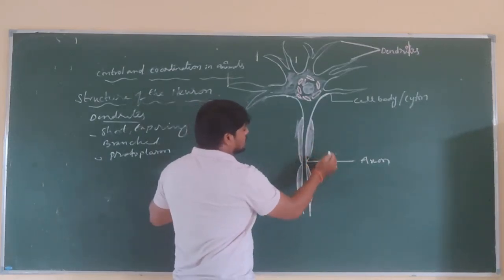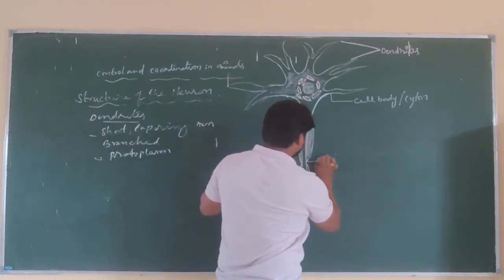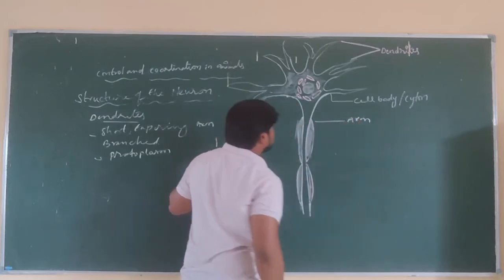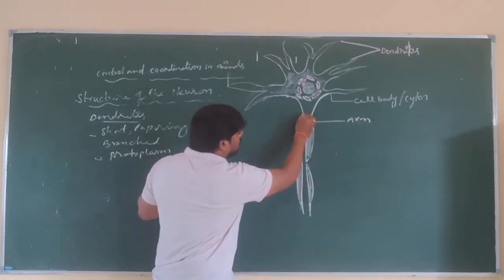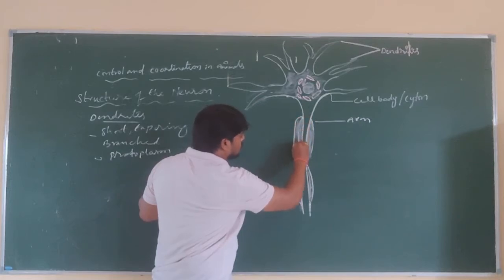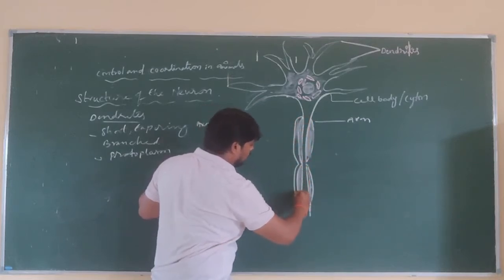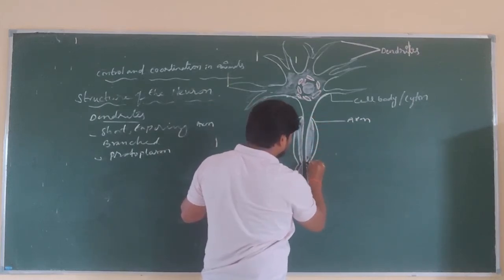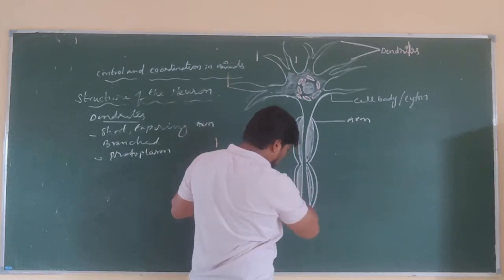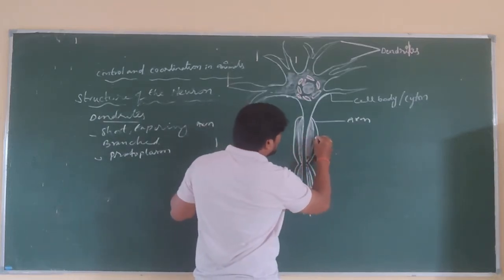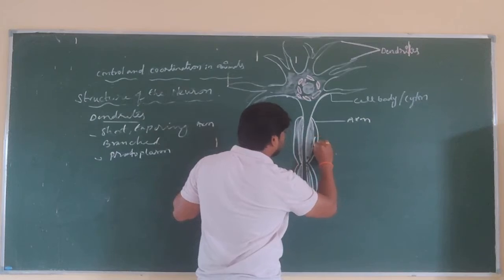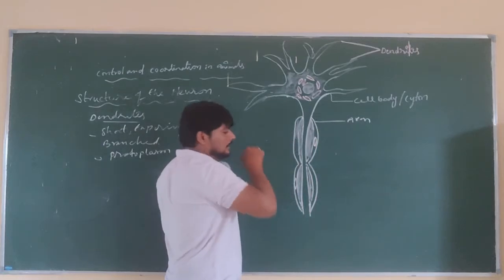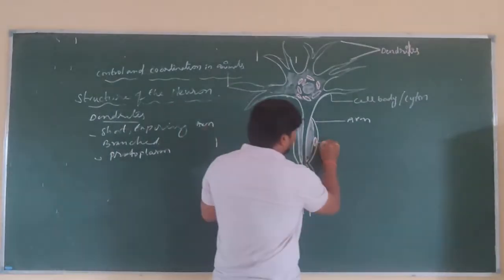Now, this is an axon. This axon is covered by a membrane structure called the myelin sheath. The axon is covered by a membranous protecting sheet called the myelin sheath, and this myelin sheath is secreted by Schwann cells.